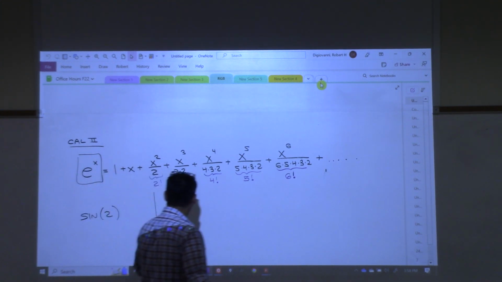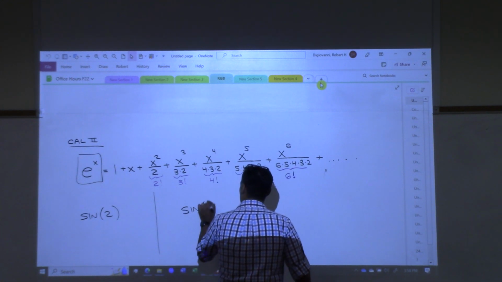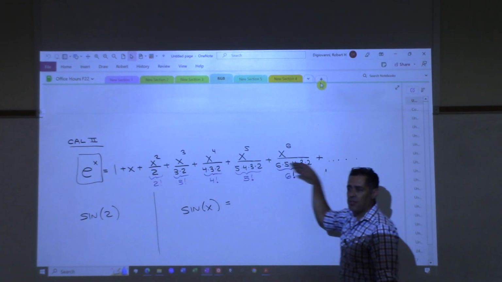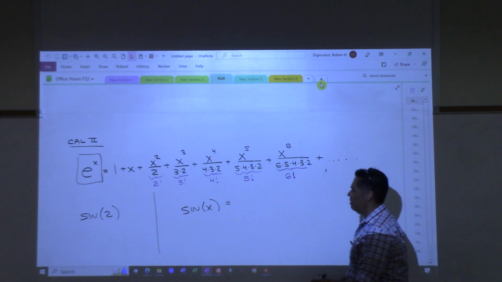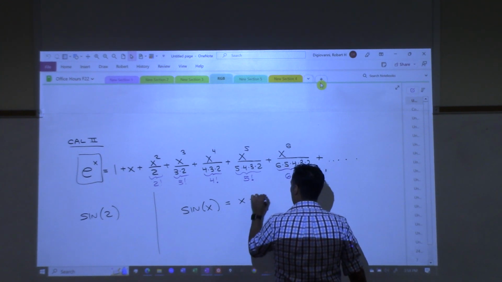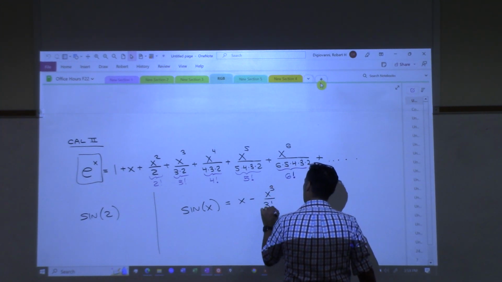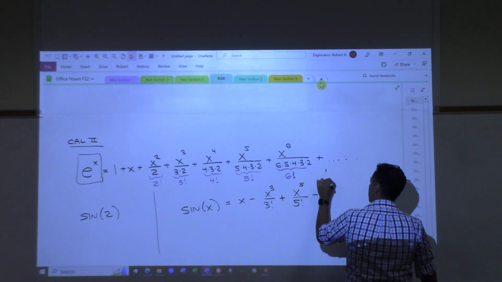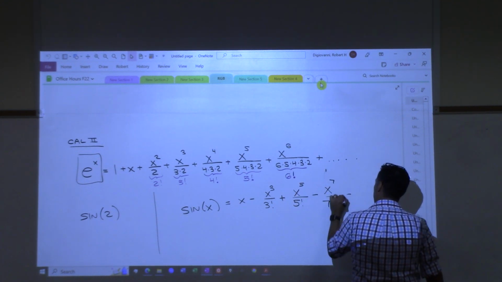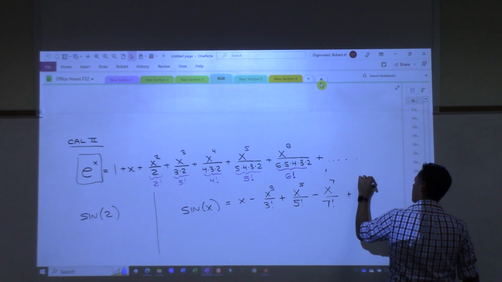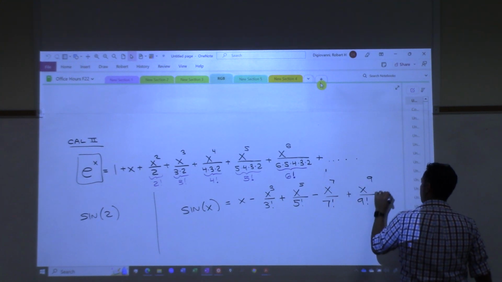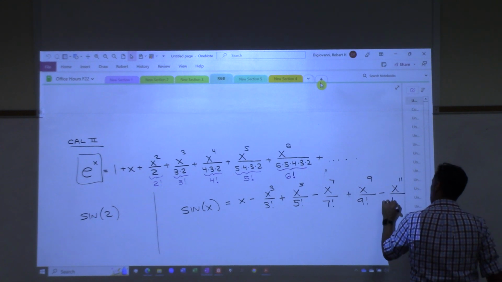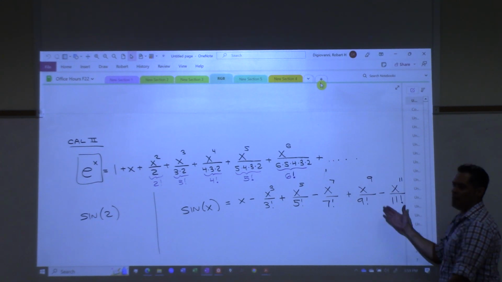It used the fact that sine of x has a power series. You've never seen it before, I'm sure. Maybe you have. It's this power series. Y'all see that?